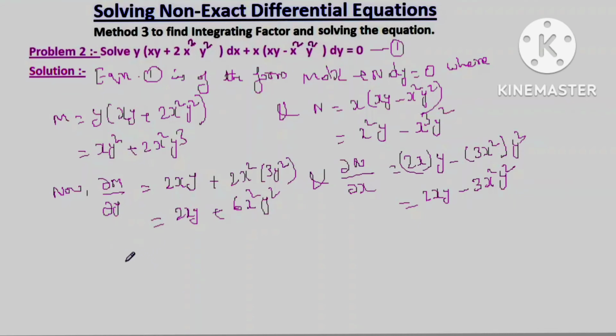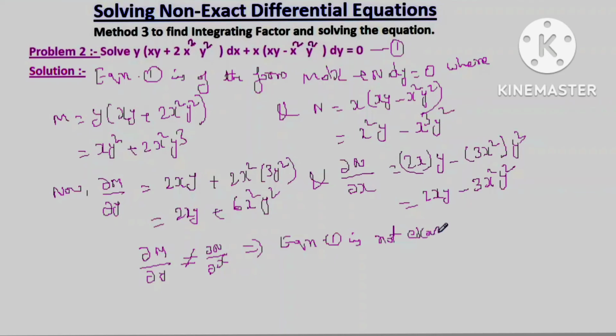Thus we can see that ∂M/∂y is not equal to ∂N/∂x. So this implies equation 1 is not exact.